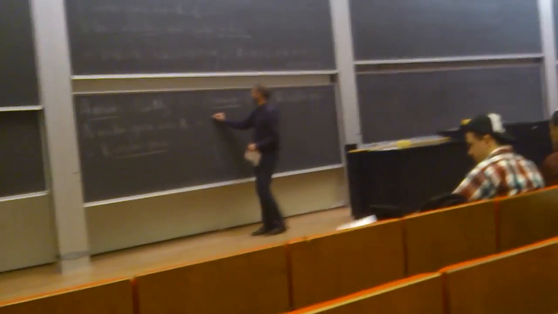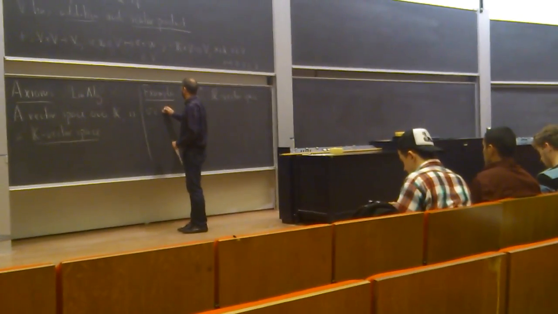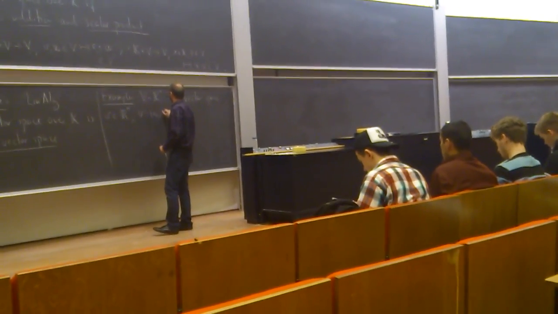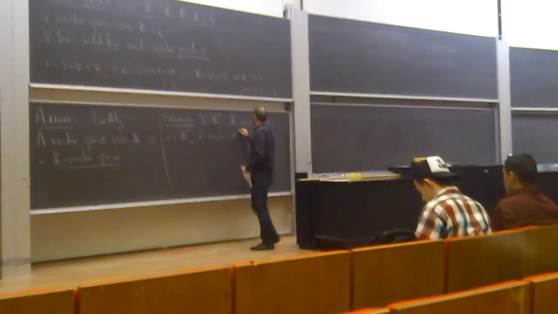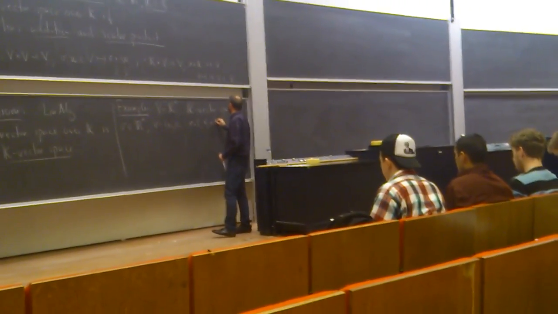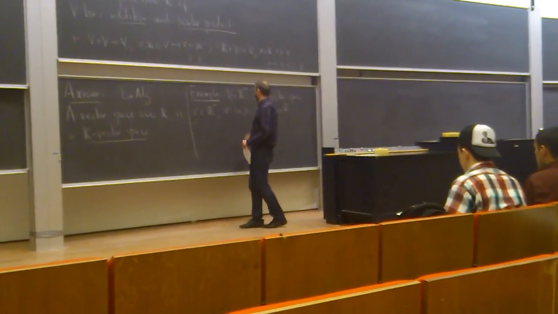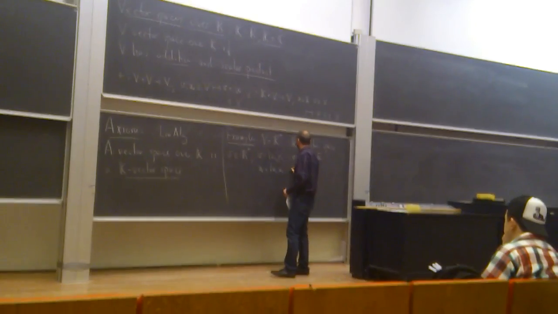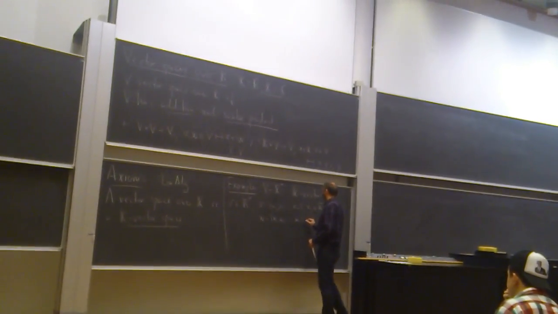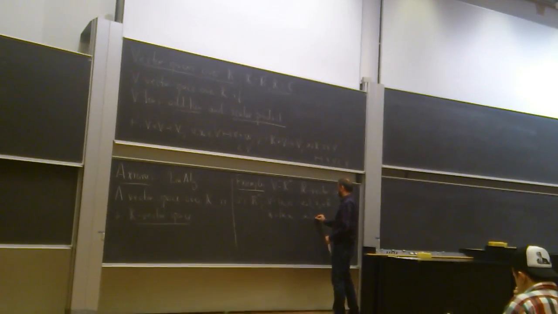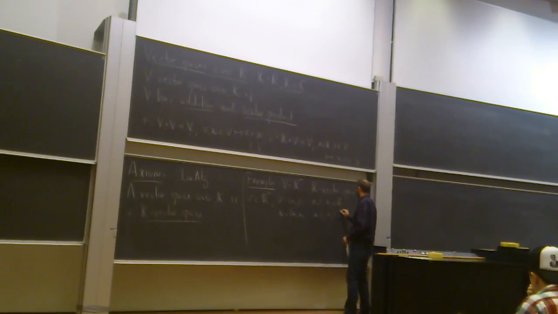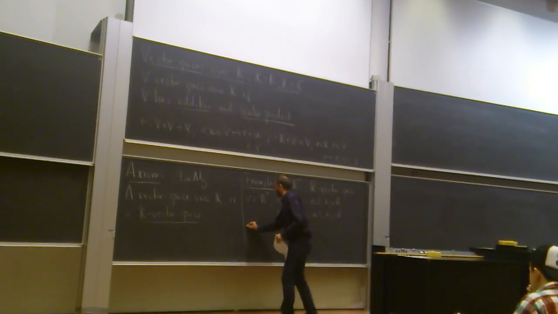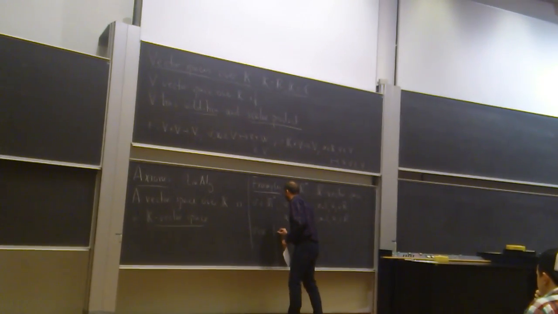These consist of vectors v, and an element of R to the n is an n-tuple. And for addition, if we also have w in R to the n, then the sum is defined simply to be the coordinate-wise sum.